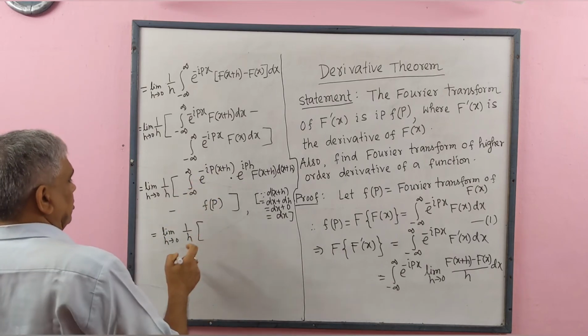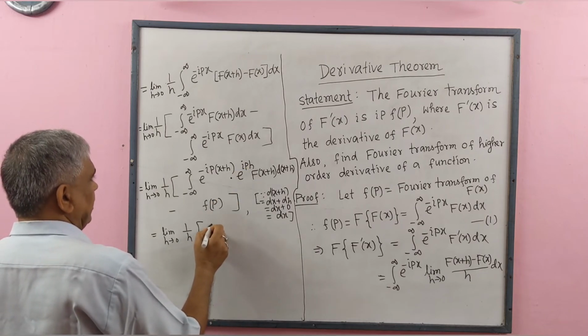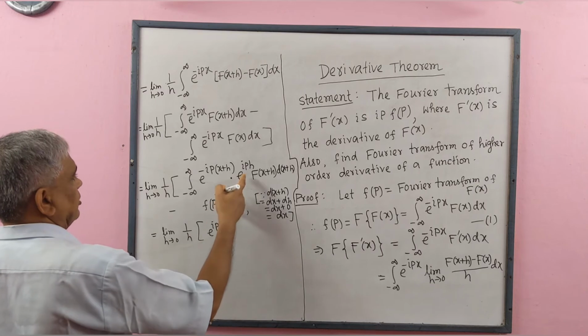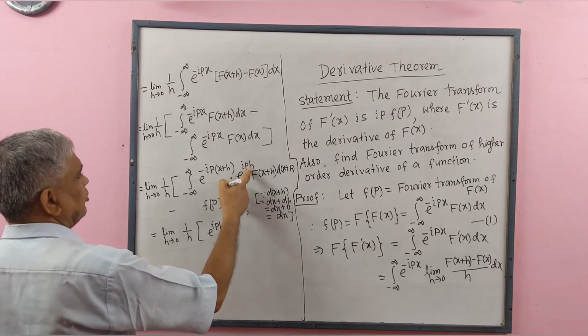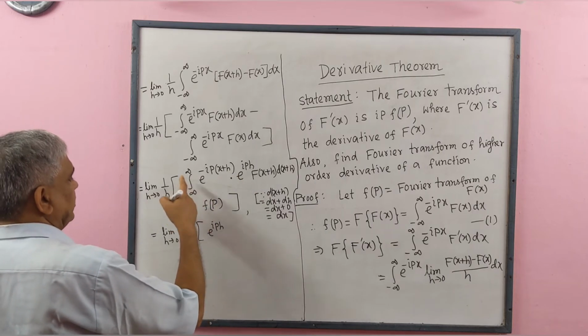Here we see that e to the power iph is free from the variable, so we may take it outside of this integration.